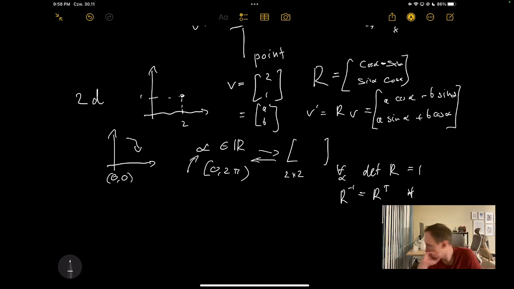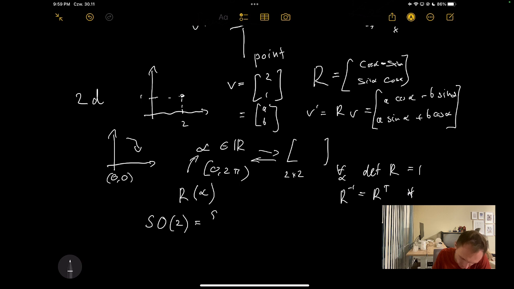And then if we denote the rotation matrix that corresponds to the rotation by alpha by R of alpha, we could define the group of all rotation matrices of two-dimensional space as SO(2).